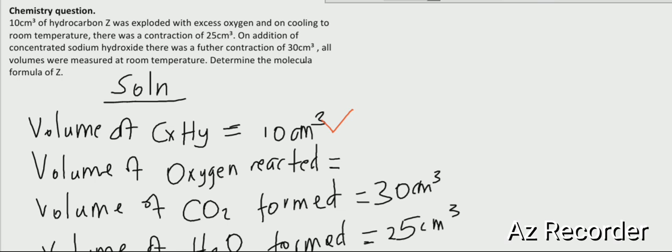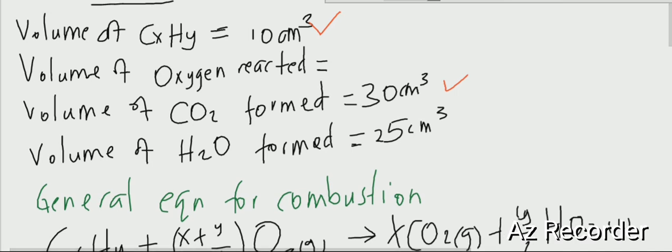That is the second contraction for 30 cubic centimeters. And another thing, we need a volume of water formed. Volume of water formed is not crucial, but in this question we have been given the volume of water formed. That was the first contraction, so it is 25 cubic centimeters.